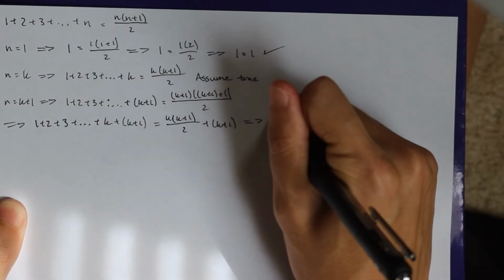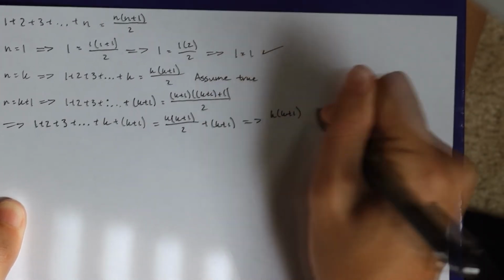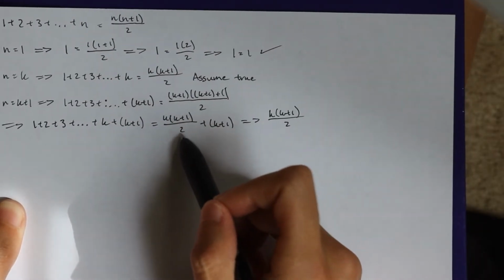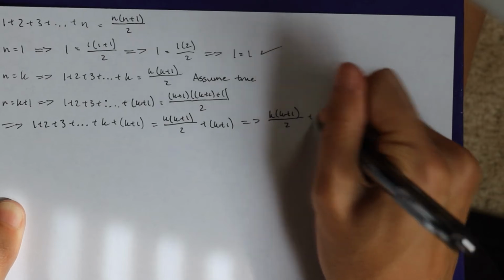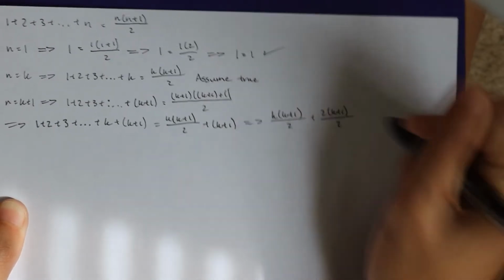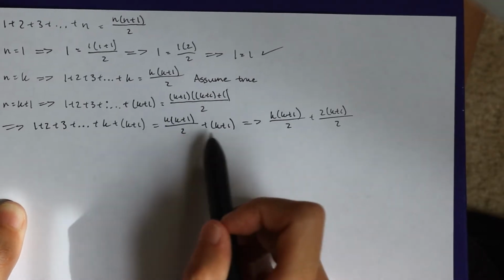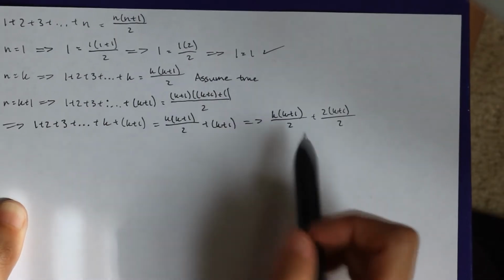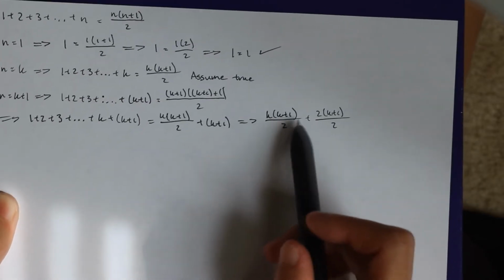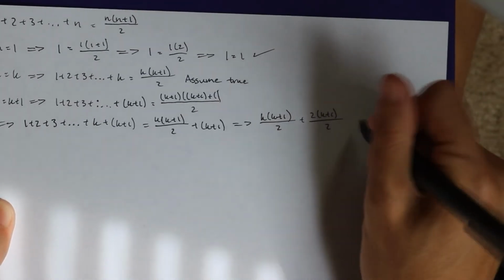We have 1 times k plus 1, and then over 2, then cross multiply from here to there, so we have plus 2 times k plus 1 divided by 2, because both share the common denominator 2. So k times k plus 1 plus 2 times k plus 1.